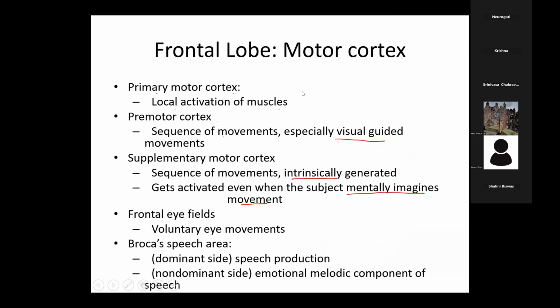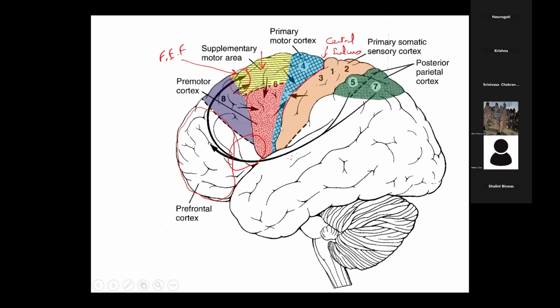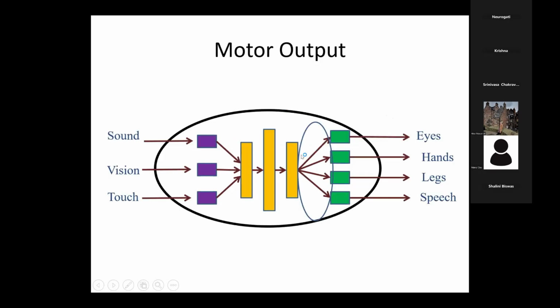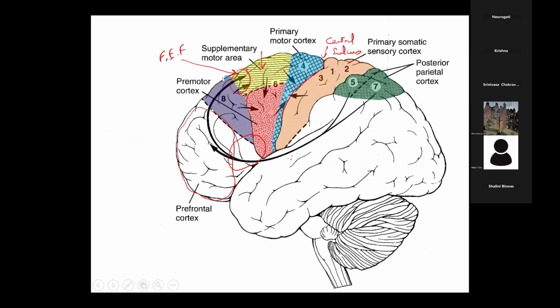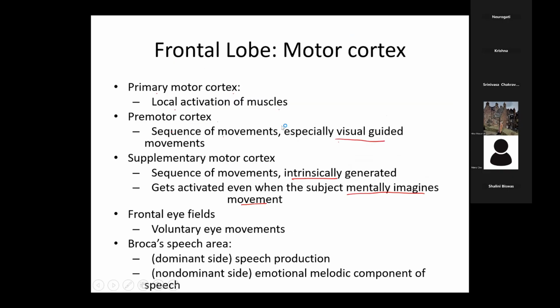So the output layer itself is like this part, and the hidden layer, which is behind the output, is like these regions. That's called the frontal lobe, and within that the primary motor cortex is like the final output layer. After that, it goes to the spinal cord and then to the muscles, producing movement.